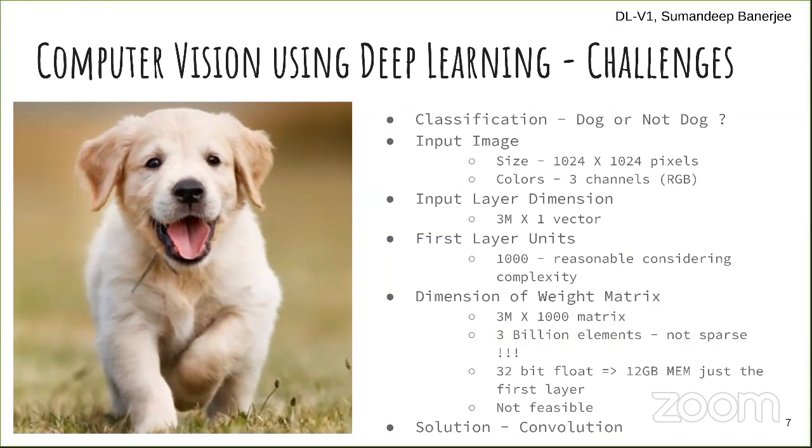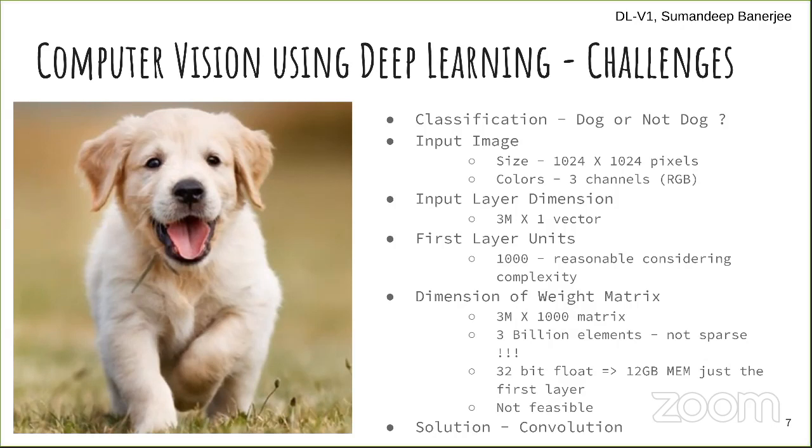And it is pretty reasonable to say that at least 1,000 features would be required, because as you can see, a visual representation is very complex. A lot of things can be happening within the image. So even with a reasonable expectation of just 1,000 features, if you try to design a neural network, the input layer dimension would be huge, almost 3 billion elements.